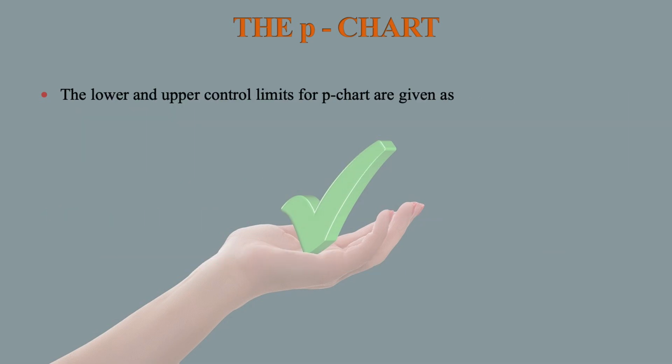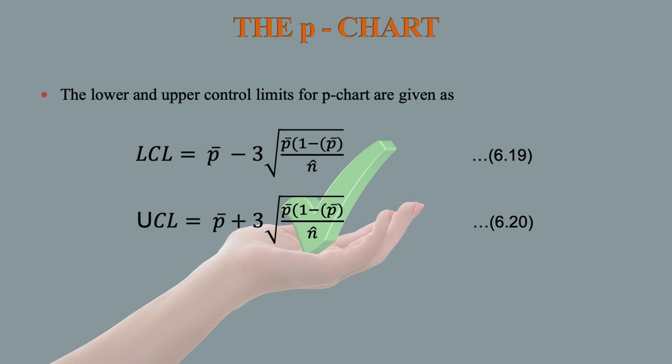The lower and upper control limits for P chart are given by LCL equal to P bar minus 3 under root P bar multiplied by 1 minus P bar whole divided by n cap. The UCL is equal to P bar plus 3 multiplied by under root P bar multiplied by 1 minus P bar whole divided by n cap.